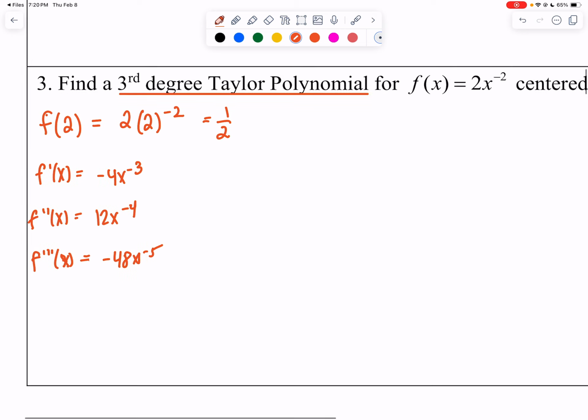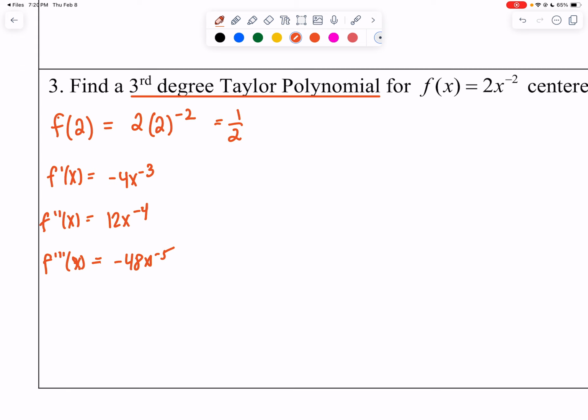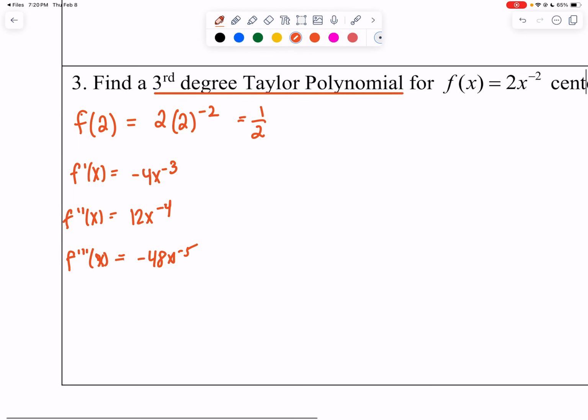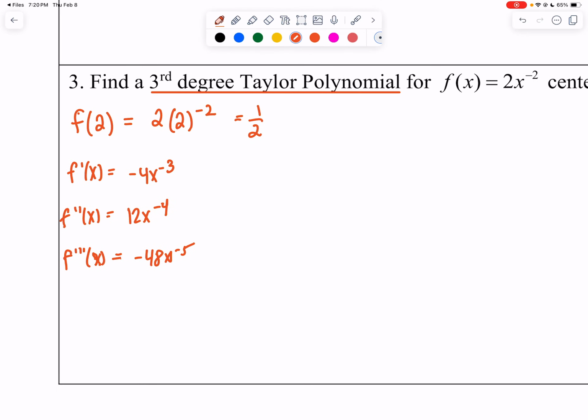All right, so if I am plugging in 2, this is going to give me negative 4. 2 to the third is 8, so this is going to give me negative 1/2. This right here is going to be 12. 2 to the fourth is 16. So 12 over 16, dividing by 4, is 3/4.